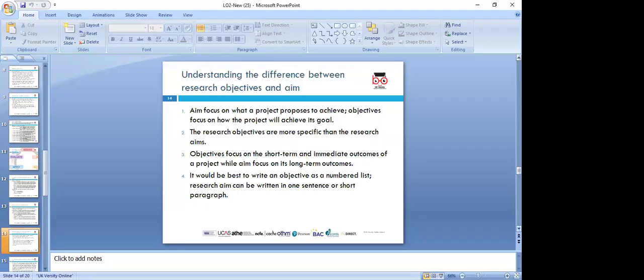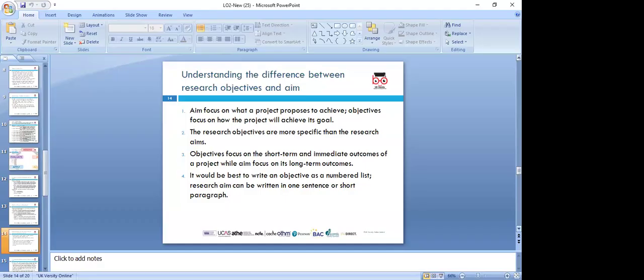Aims focus on what the project proposes to achieve. Objectives focus on how the project will be achieved. The research objectives are more specific than the research aims.